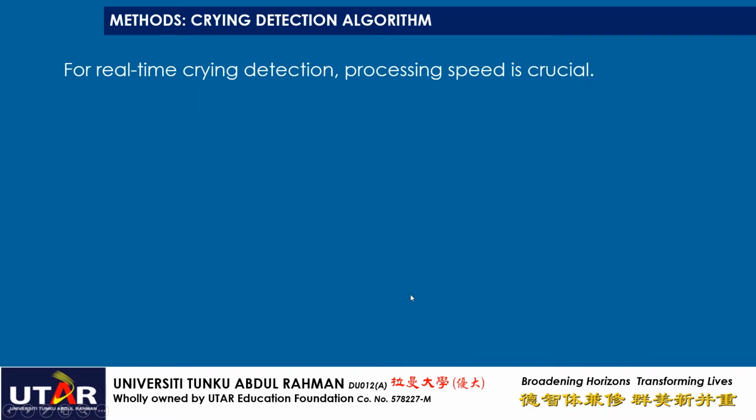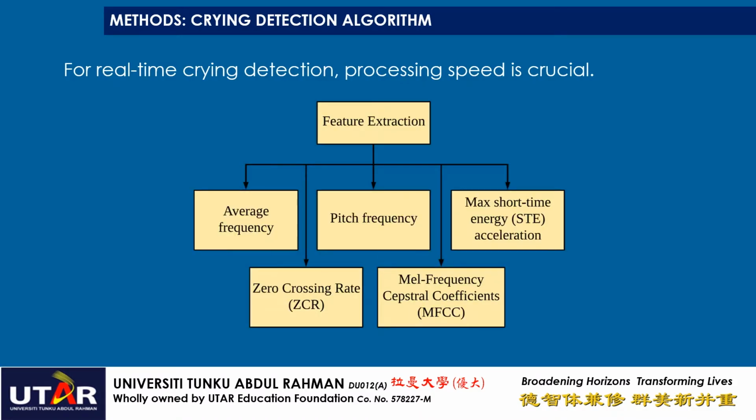For real-time crying detection, having a short processing speed is very crucial. With this in mind, our proposed algorithm detects crying by extracting and analyzing 5 features that are quick to process but also carry important information about the crying sounds.